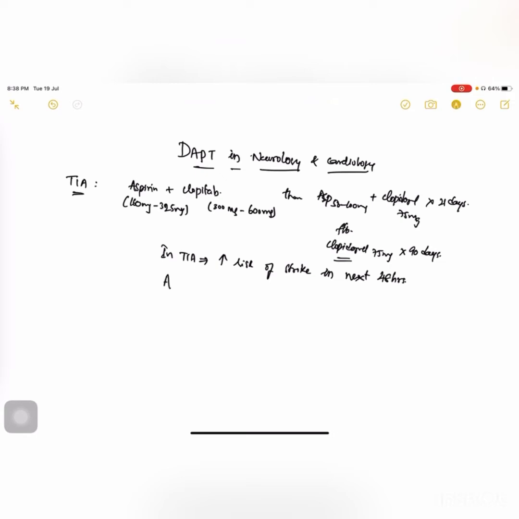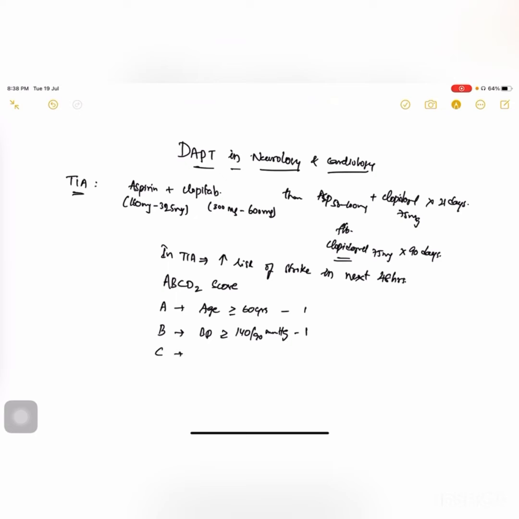Okay, there is an ABCD2 score for prognosticating the TIA patients. A is age greater than 60 years, we give score of 1. B is blood pressure. If it is greater than or equal to 140 by 90 millimeters of mercury, we give score of 1.